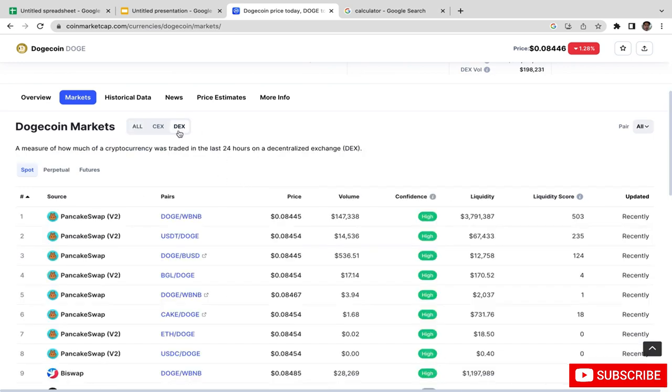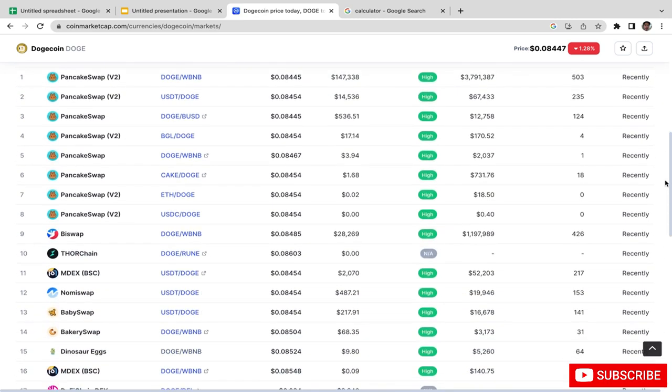Just filter it, click on DEX. Remember that Furucombo only supports decentralized exchanges. It doesn't support centralized exchanges. That's why we need to click on DEX, to filter it. So CoinMarketCap only displays information about arbitrage opportunities for decentralized exchanges only.